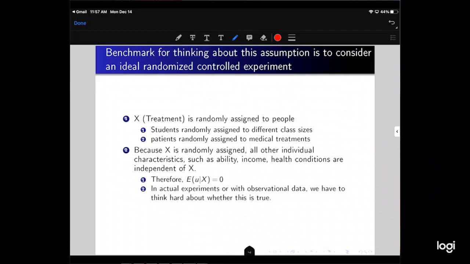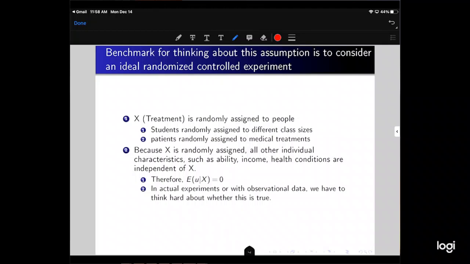A benchmark for thinking about this assumption is to consider an idealized randomized controlled experiment. If x is some sort of treatment and it's randomly assigned to people, maybe we have students randomly assigned to different class sizes and the treatment is the class size, or patients randomly assigned to medical treatments. Oftentimes patients receive either the actual vaccine or a placebo.